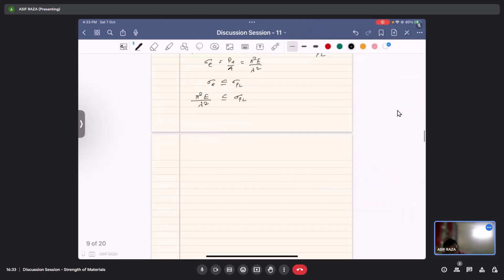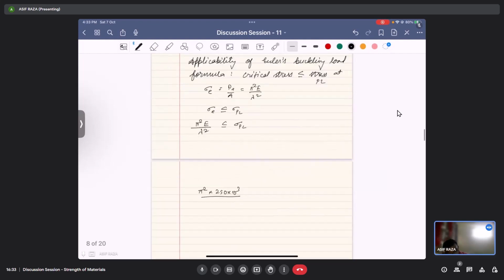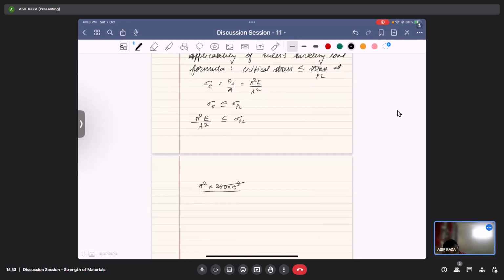Let us substitute the values first. So pi square E is given as, sorry, 200 into 10 power 3.